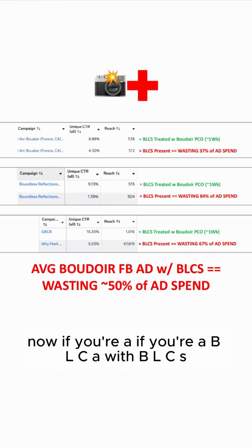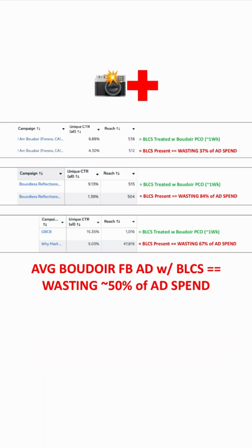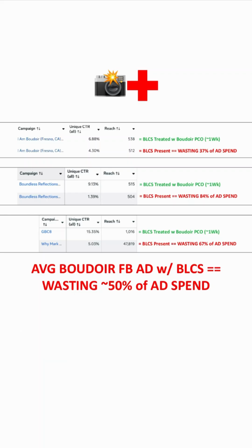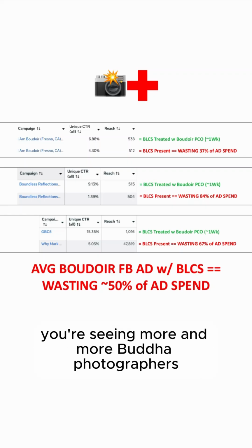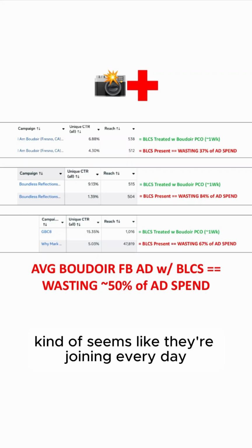Now, if you're a BLCA with BLCS, a Boudoir low click advertiser with Boudoir low click syndrome, and you're spending more than 10 grand a month on Boudoir Facebook ads, and you're looking around at the marketplace, you're seeing more and more boudoir photographers joining every day.